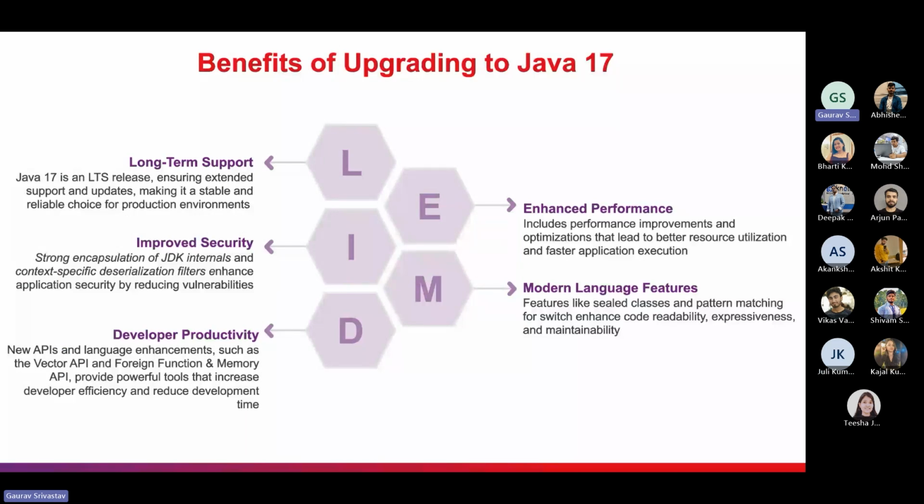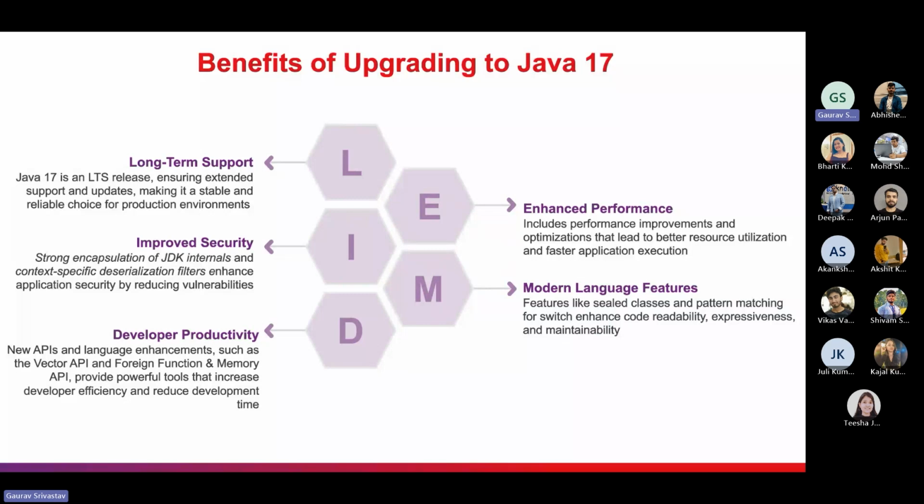Obviously, we discussed the long-term support. You get long-term support from Oracle or any vendor providing this Java version. And second, we have improved security. In JDK 17, we also have the concept called context-specific deserialization filter. That will be discussed in a later slide, but it is a pretty key feature in Java 17.